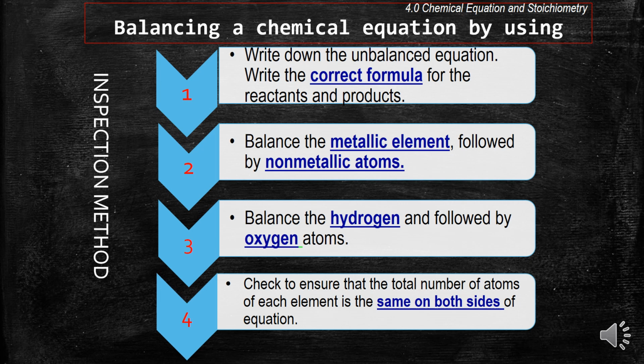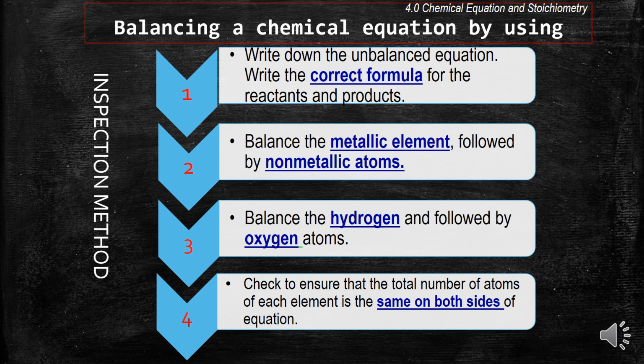The first step, write down the unbalanced equation. Write the correct formulas for the reactants and products. Second step, balance the metallic elements followed by non-metallic atoms. Third, balance the hydrogen followed by oxygen atoms.